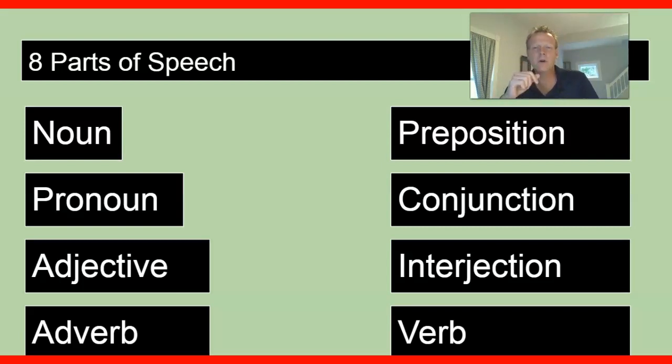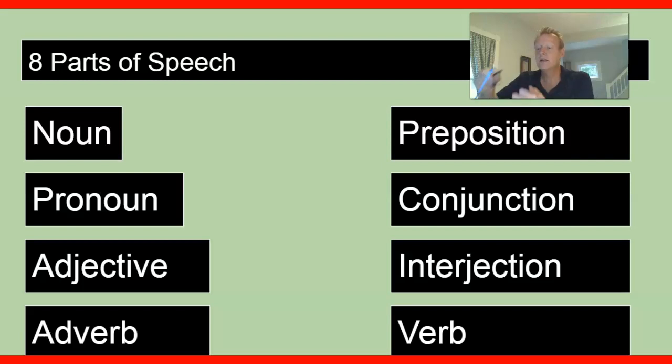We're going to go over all of these again. Now, I'm just going to give you a word. You tell me what part of speech it is. He. That would be a pronoun. A pronoun.